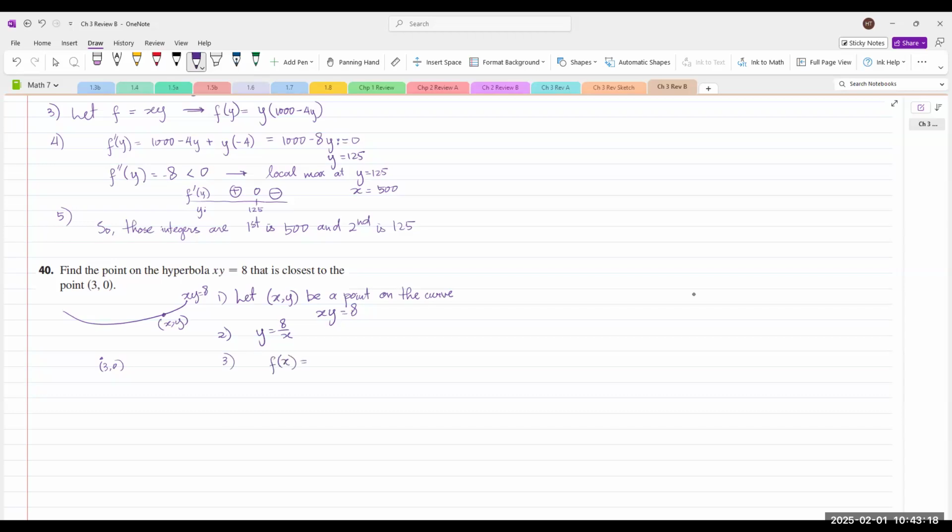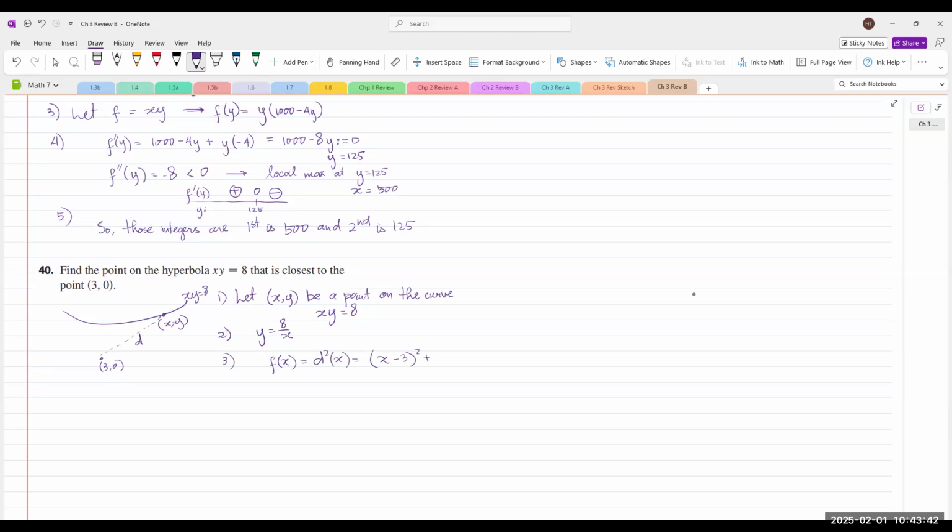f(x) is distance squared, and the distance will be (x minus 3) squared plus (y minus 0) squared, from (x, y) to (3, 0). This is the d here. So the difference in x is x minus 3.